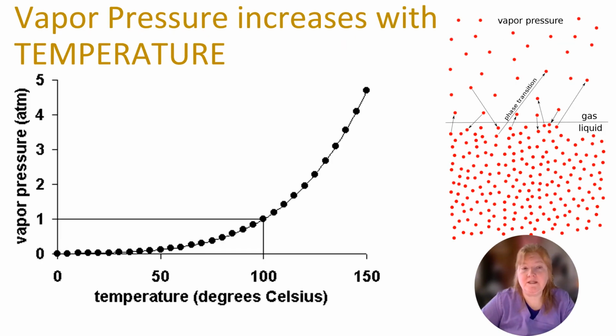As we increase the temperature, the vapor pressure increases. So the same substance at 50 degrees Celsius has a much lower vapor pressure than it does at 150. So you increase the temperature, it makes sense. More of the particles would be vapor, more particles would be hitting the walls of the container, higher vapor pressure.